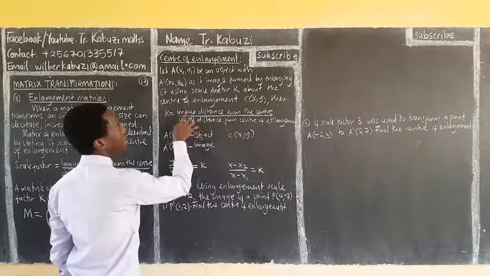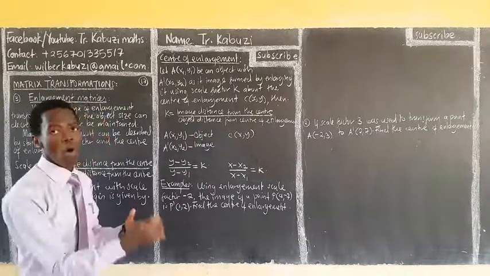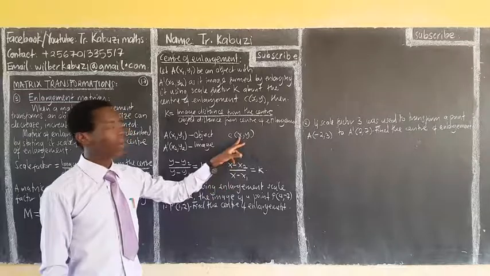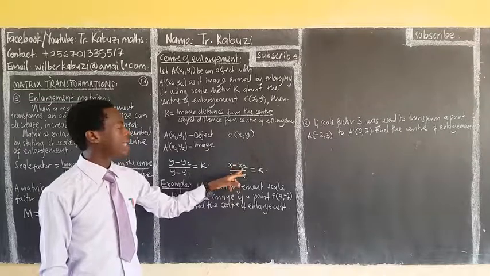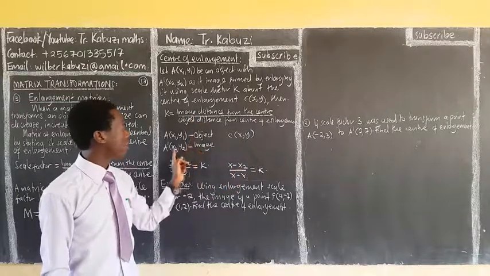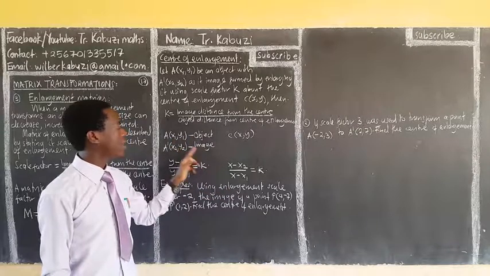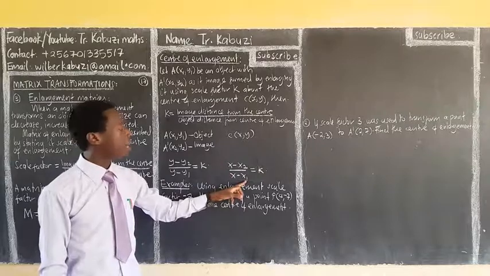So object down, image up, the difference from the center. Also for x, it is x minus x2 for the image over x minus x1, the coordinate for the object.